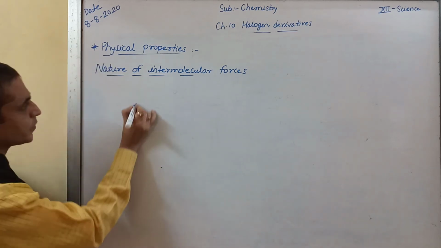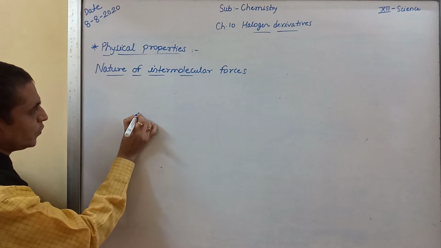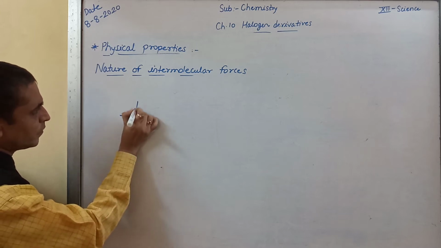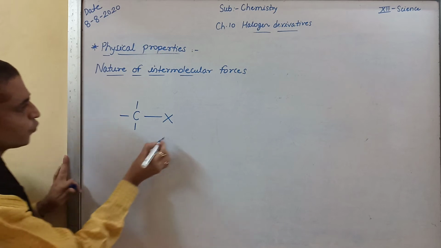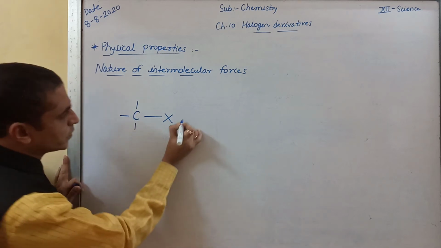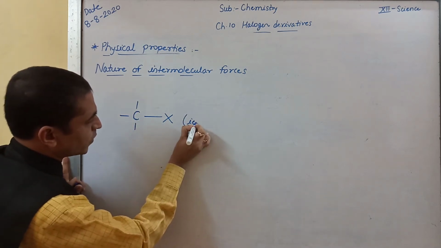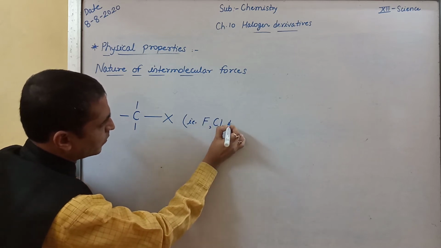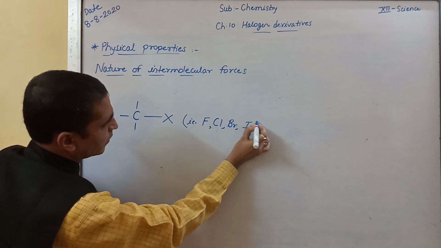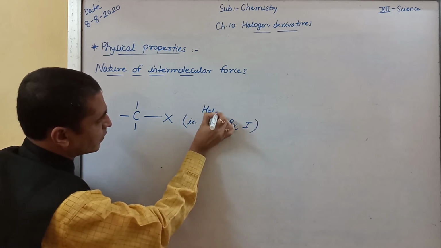Nature, see, we have X. Now halogens, that is F, Cl, Br and I. These are halogens.